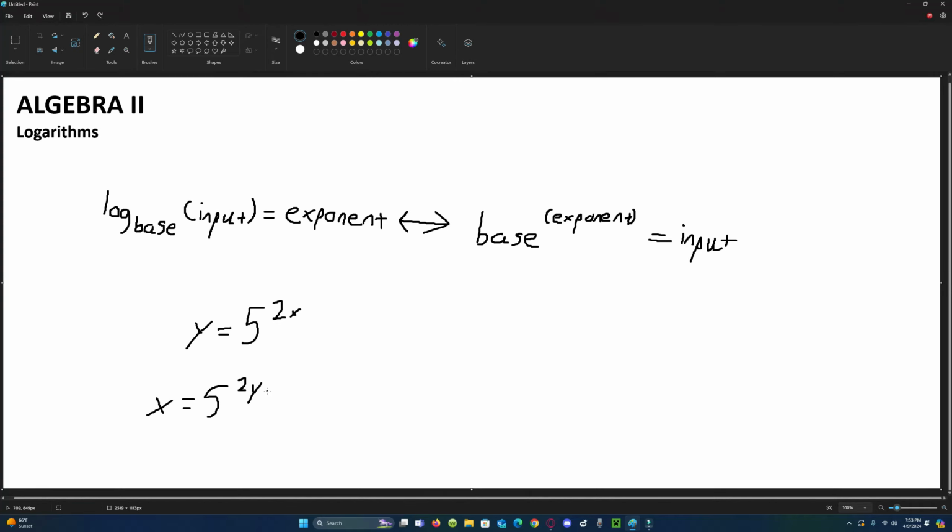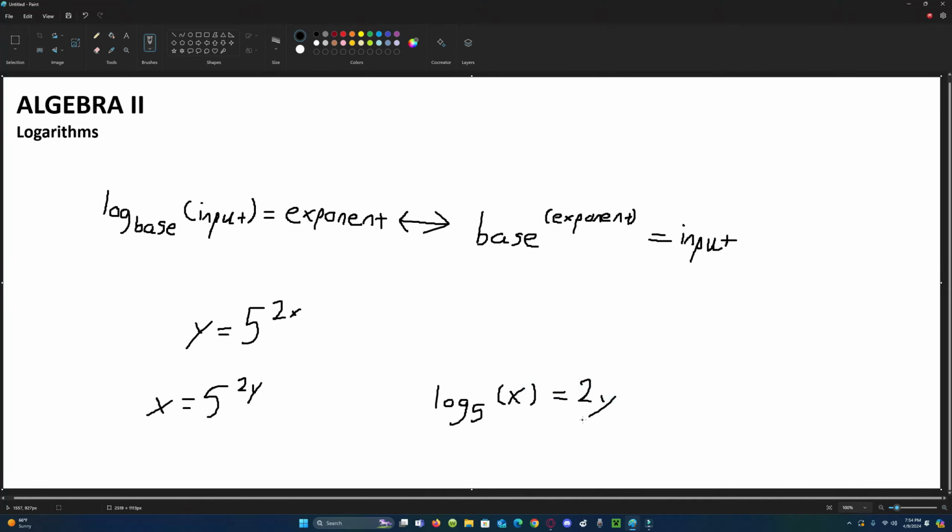Because it's in this format right now, x would be the input, and 5 is the base, and 2y is the exponent. So we need to switch it to this format right here. Which we can do, because we have log, 5 is the base, x is the input, and then 2y is the exponent.